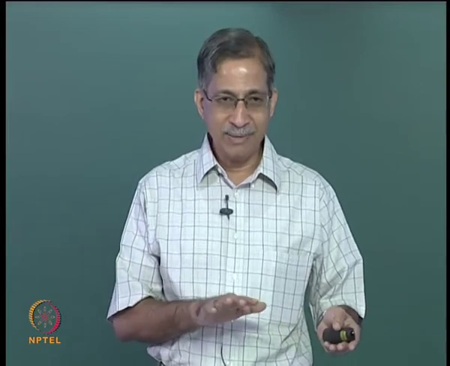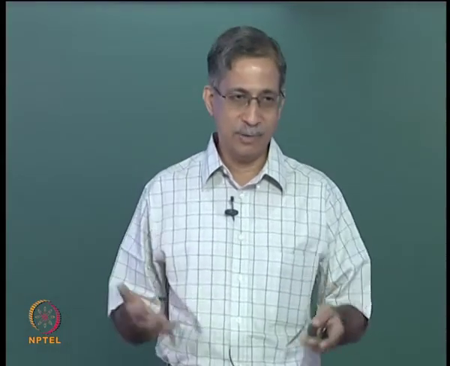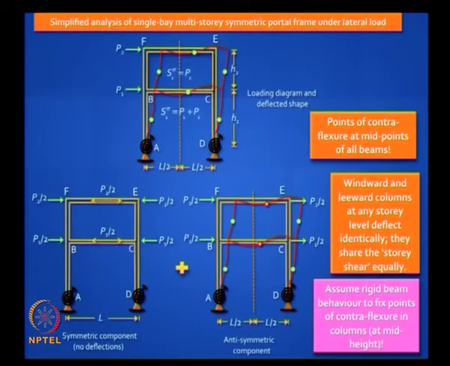Number two, the floor diaphragms ensure that all the frames participate. So effectively the whole building is moving as a whole, is it clear? And if you look at the superposition that we did, that is, we divided this loading into 2 parts, a symmetric part and an antisymmetric part, you will find that from the antisymmetric point of view it does not matter which is the windward and which is the leeward.